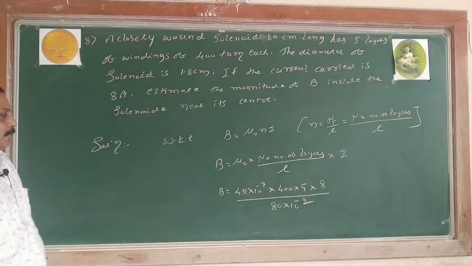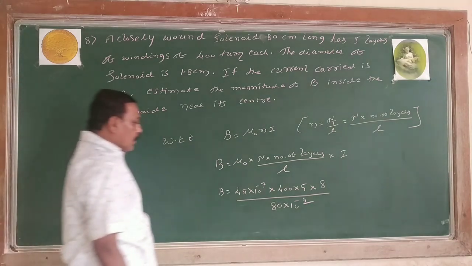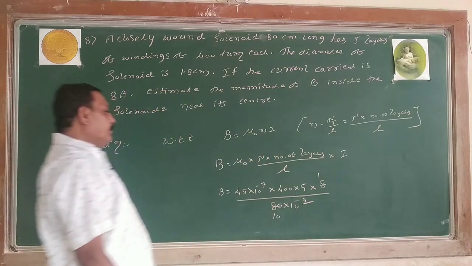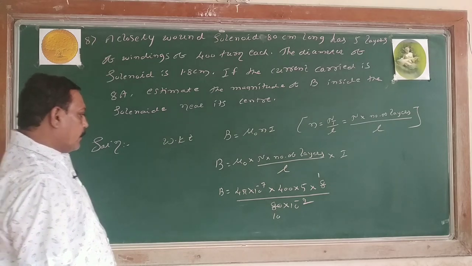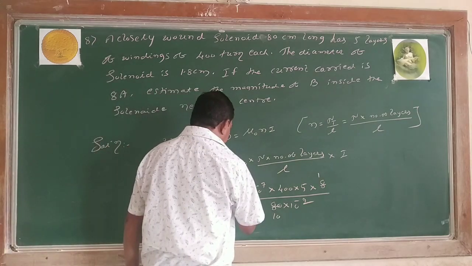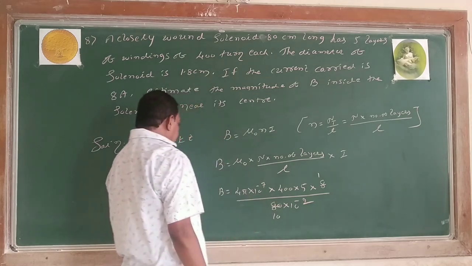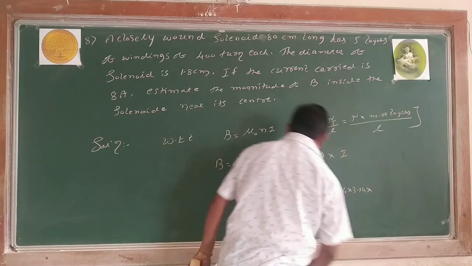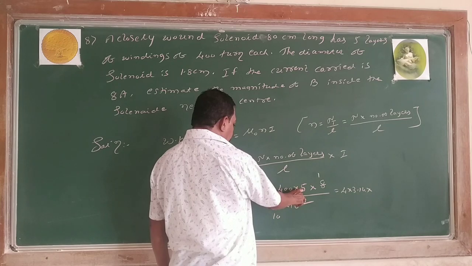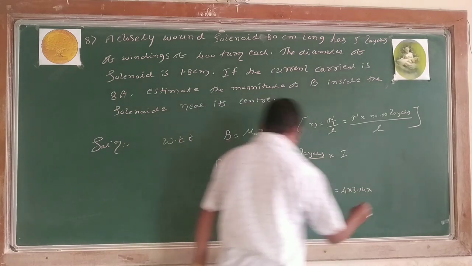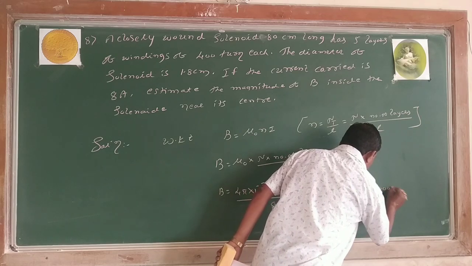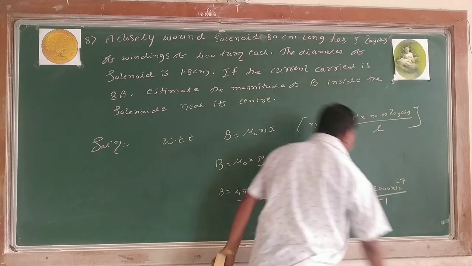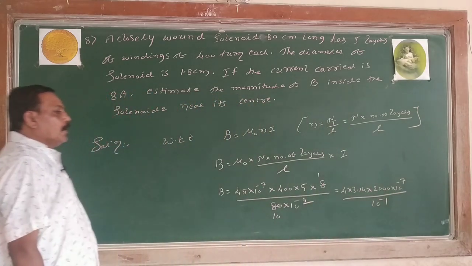Right? So 8 ones are 8, 8 tens are 80. So yeah, then 4 into pi. Shall I write here 4 into 3.14, into 5 fours are 20, that is nothing but 2000, into 10 to the power of minus 7. This becomes 10 to the power of minus 1. Right? 4 into 3.14 is 12.56.